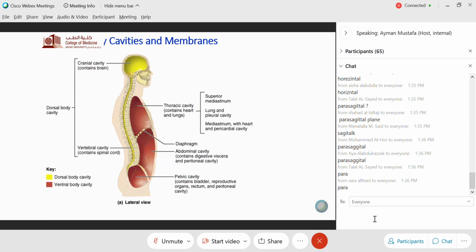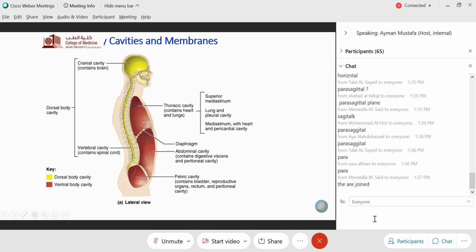What about the ventral? The ventral cavities, we have the thoracic cavity. We have the abdominopelvic cavity. Why do I say abdominopelvic? Because there's no boundary between them.